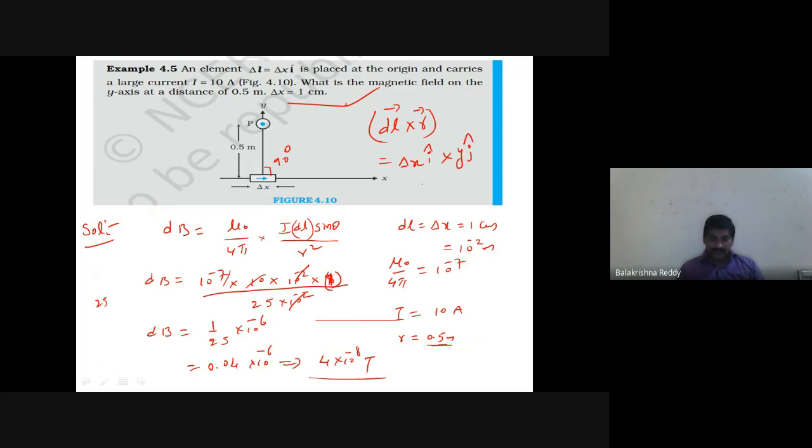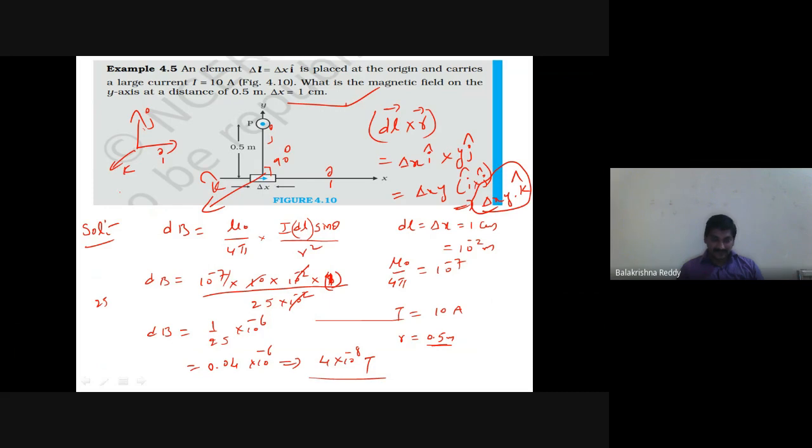Therefore, if you keep aside delta x and y, i cross j always gives us k. So the direction of the magnetic field is in the direction of k. If this is j, this is i, this is k, these are the unit vectors i, j, and k.